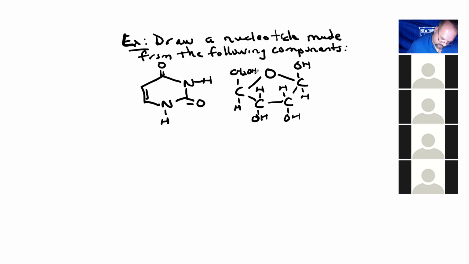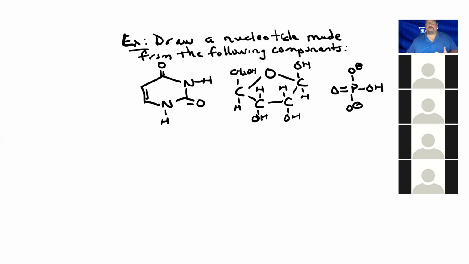And then here's our third component. All right, so what do we got here? We've got base, we've got sugar, we've got phosphate. So the three components of a nucleotide are, of course, phosphate, sugar, and base.